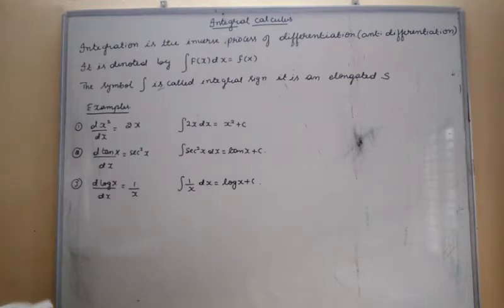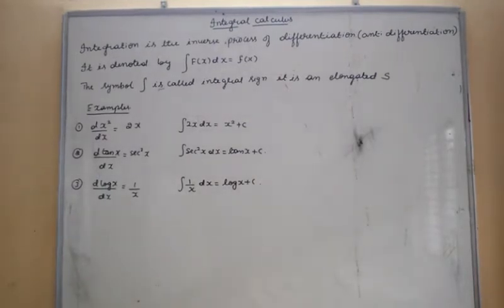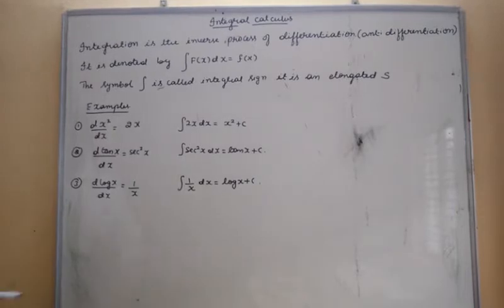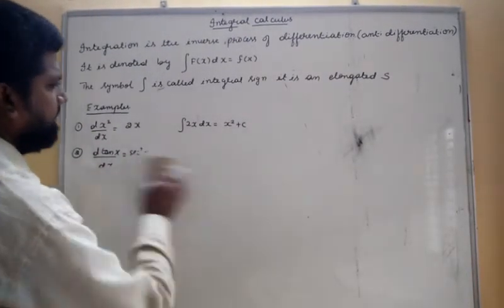Okay, so before going to start the integration, we should know the differentiation properly. We should know the formulas of differentiation. Okay, now let us write the formulas of integration.